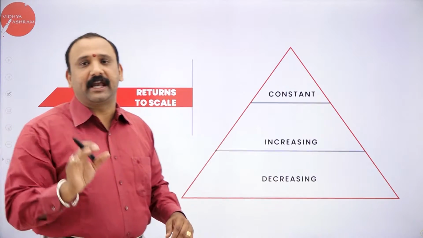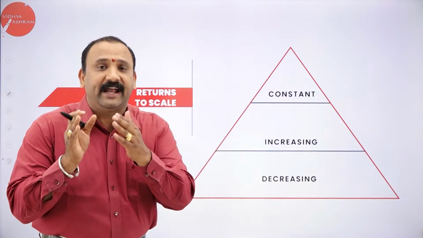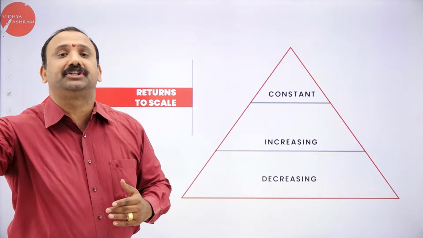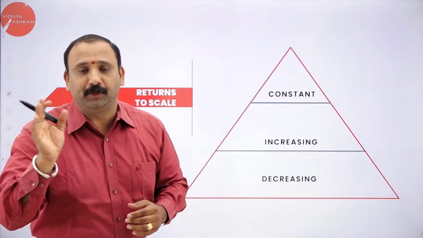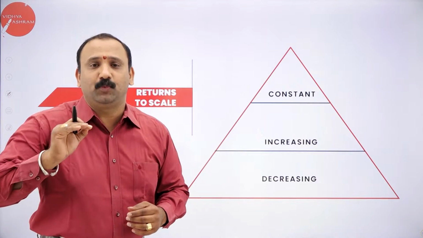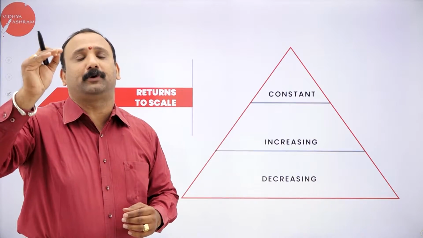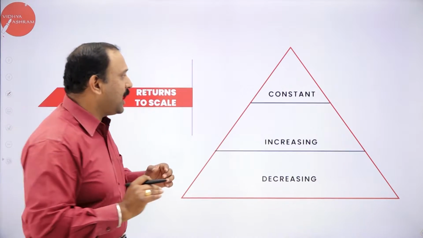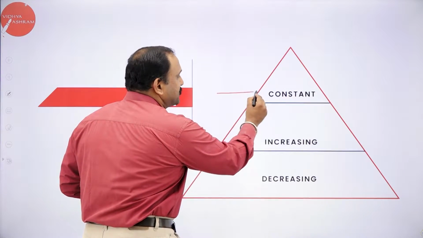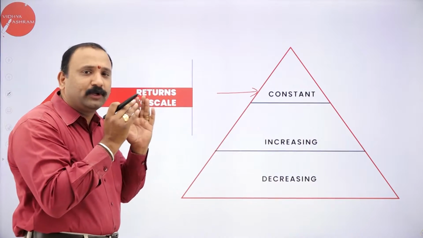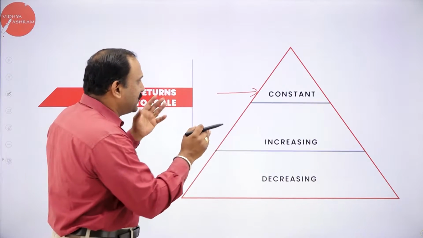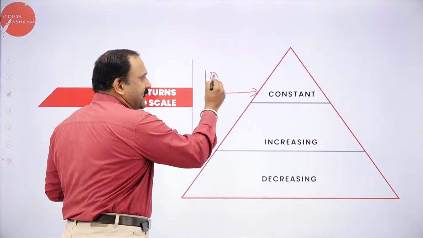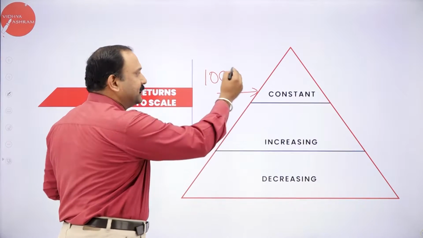Returns to scale is more related to the production concept. Once we start getting into production, we are initially at a constant level, which means the output is constant. We are manufacturing and getting a constant output, let's say 100 units per day.